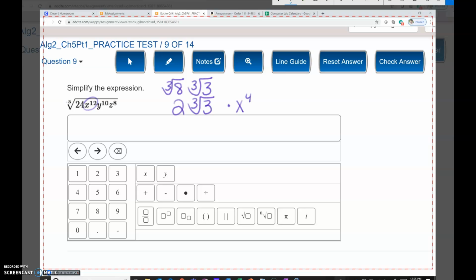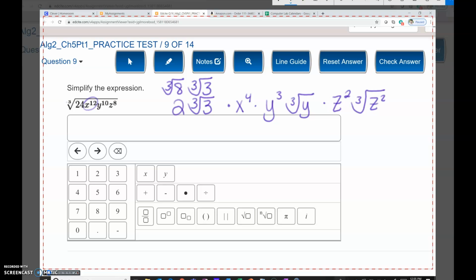The cube root of y to the 10th, there are 3 full groups with 1 left over. The cube root of z to the 8th, there are 2 full groups with 2 little z's left over.